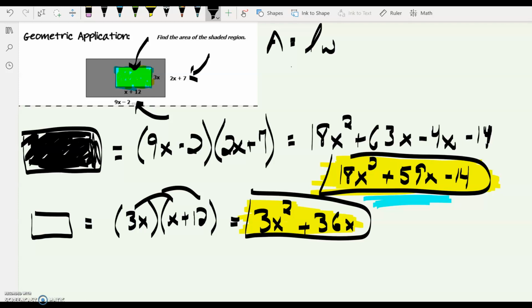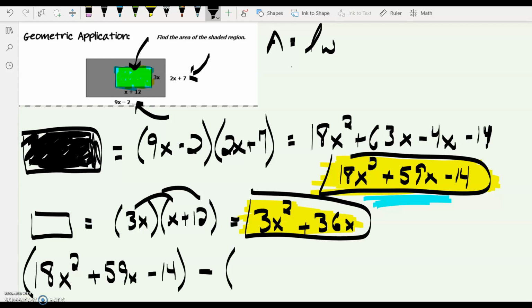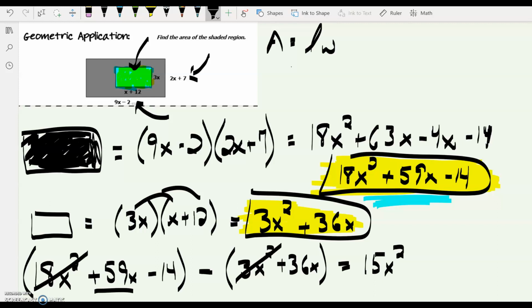Okay. So we're going to take our large rectangle, which is 18x squared plus 59x minus 14, the area of the whole rectangle. We're going to subtract the area of the smaller piece, which is 3x squared plus 36x. 18x squared minus 3x squared gives me 15x squared. 59x minus 36x gives me a positive 23x.